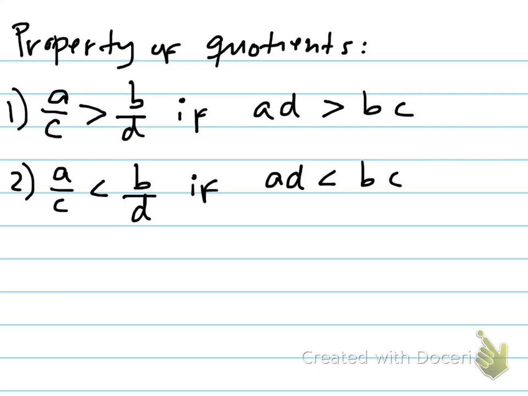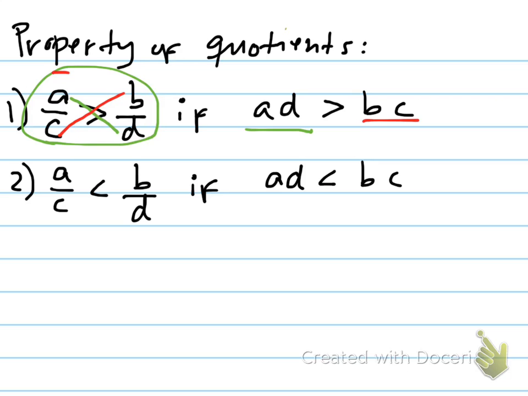Another thing that you can do, there's another property of quotients that I want you to learn that the book tells us about. And that shows us that when you have two fractions, represented by A over B and C over D, so they just represent two different fractions, what you can then do is multiply across, and if A times D is bigger than B times C, then that means that this first fraction is bigger.